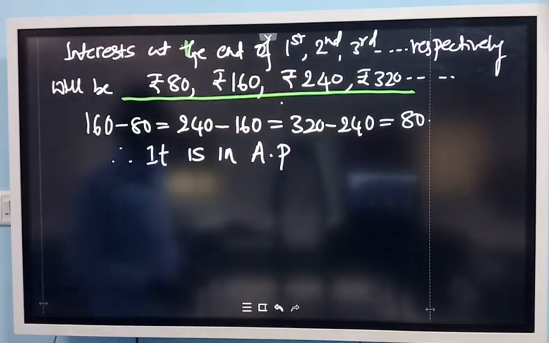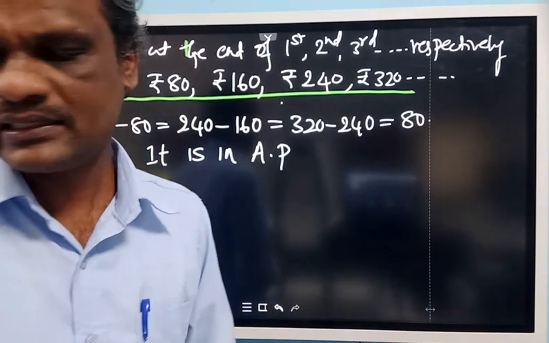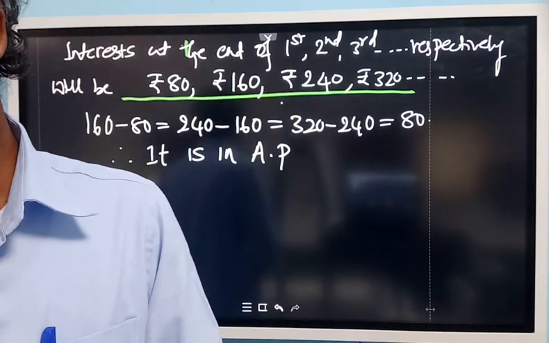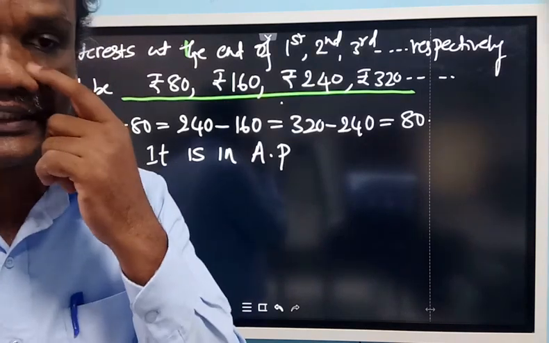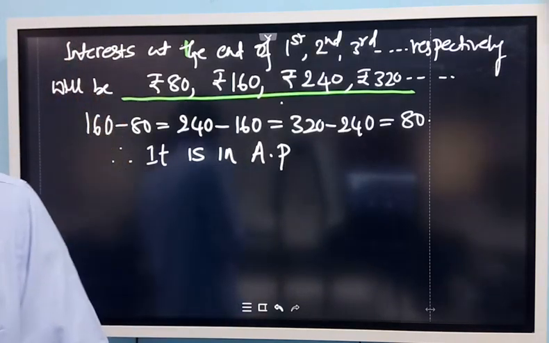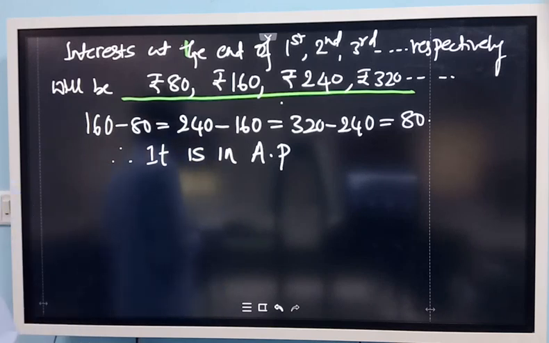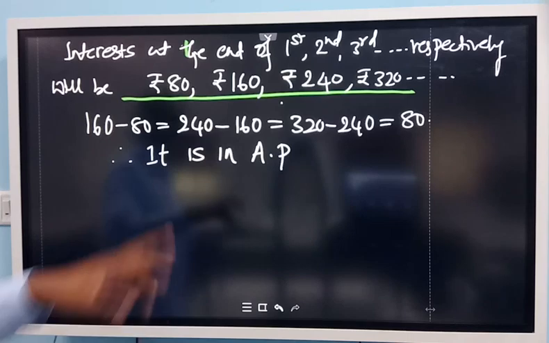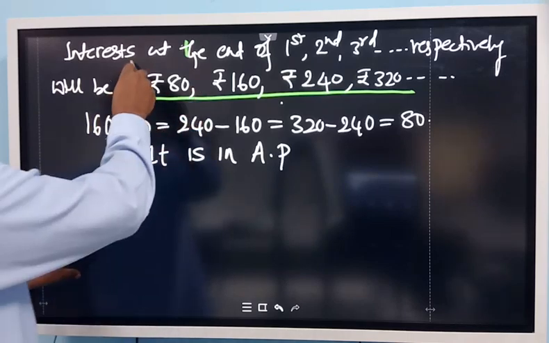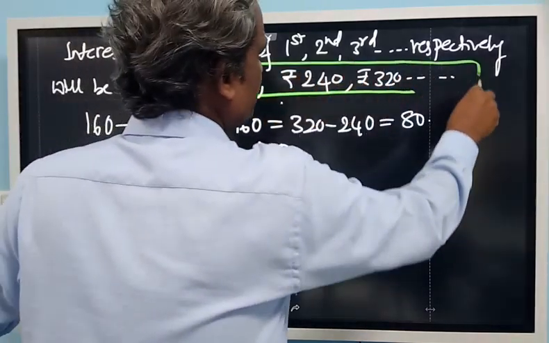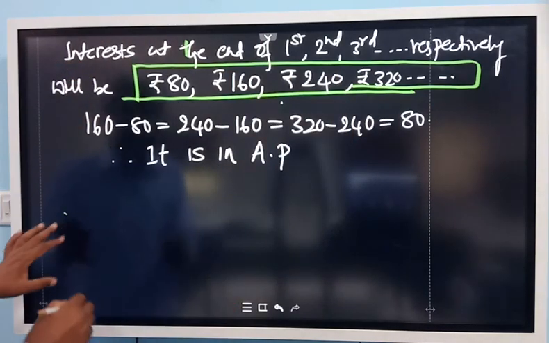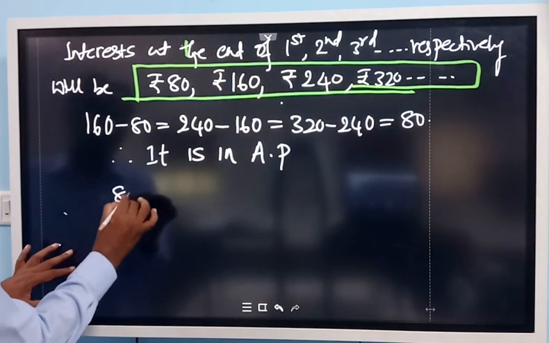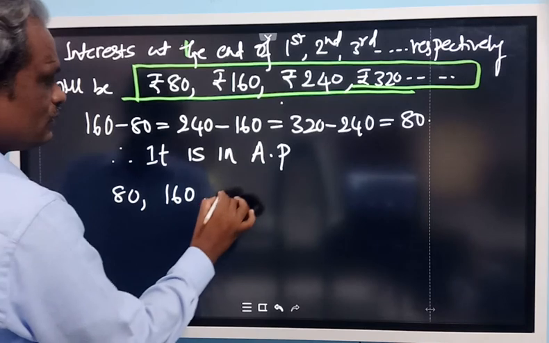If this is in AP, we need to calculate the interest at the end of 30 years. Interest for the 30th year, that we need to find out here. Now the given AP is 80, 160, 240.